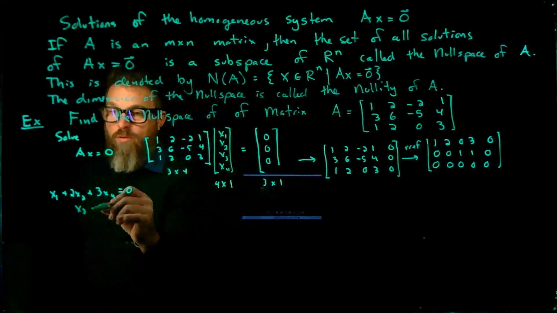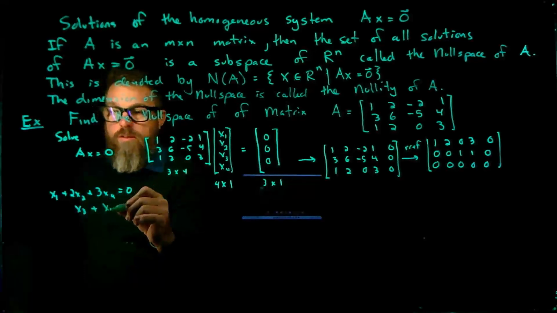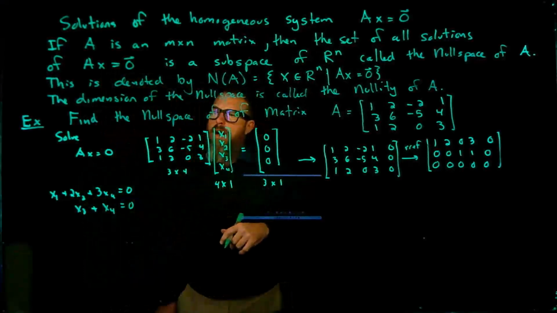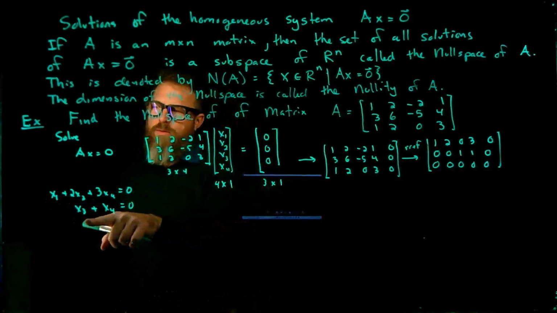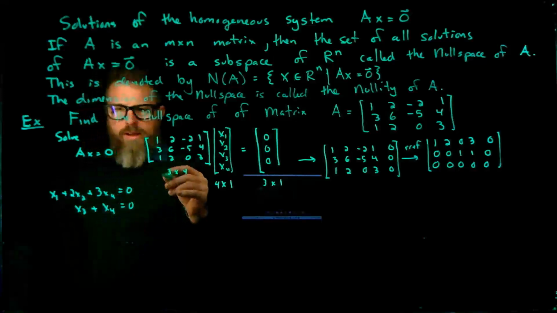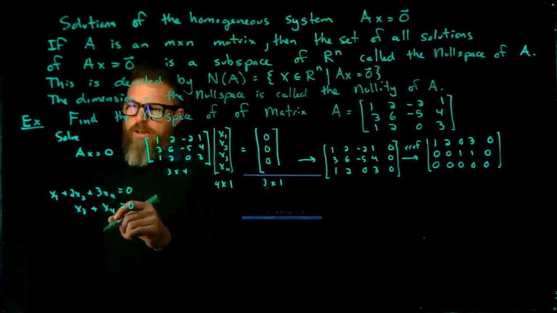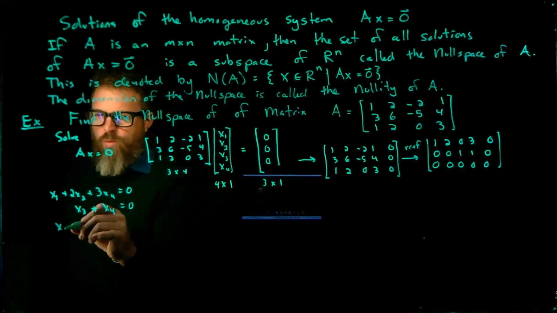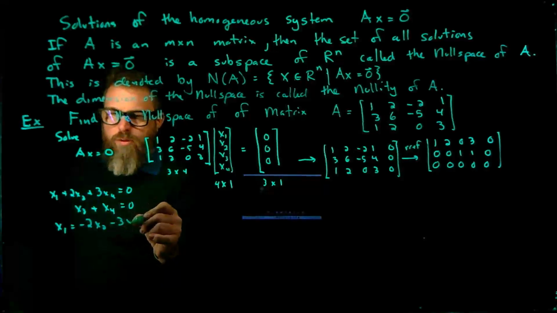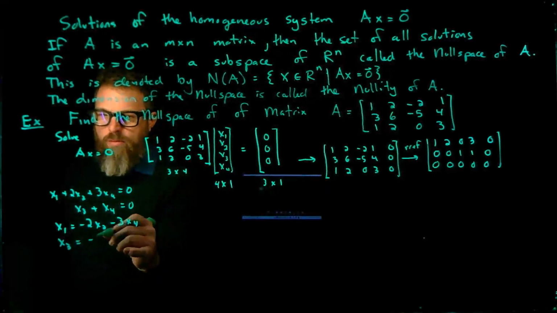Then I'm going to solve this for x1 and x3 respectively, because they both have an x4 in their equation. So x1 is equal to minus 2x2 minus 3x4, and x3 is equal to minus x4.